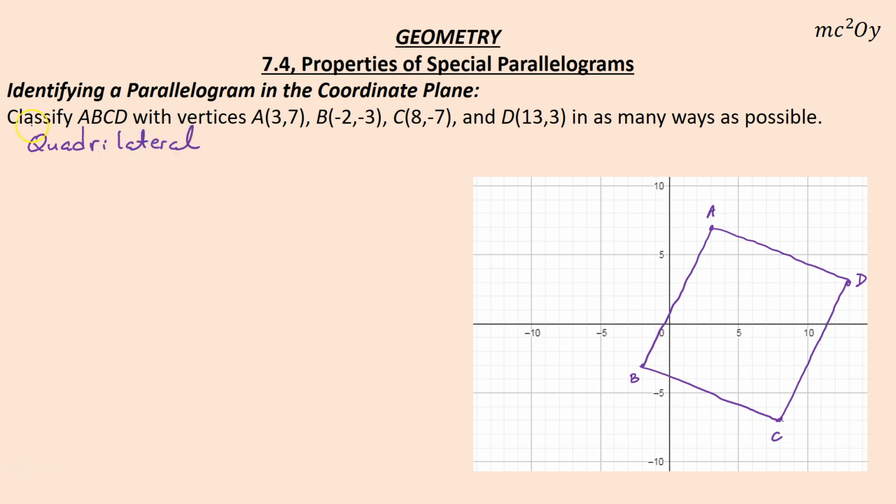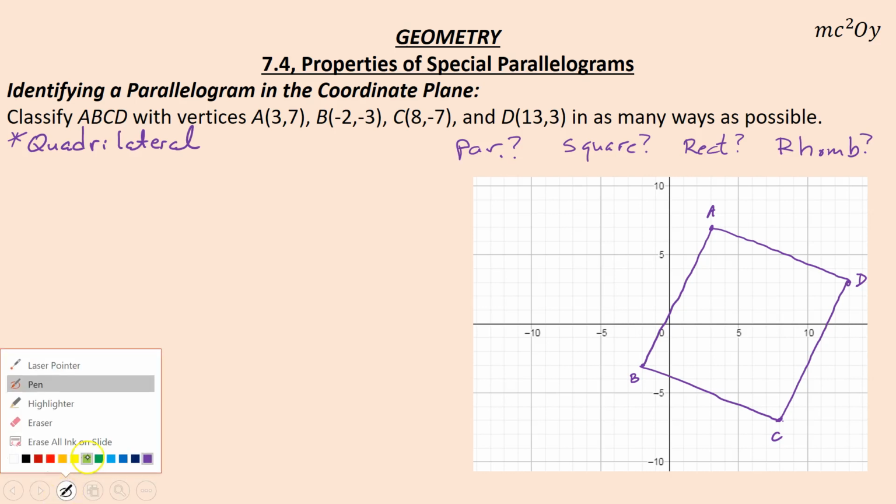All right, so we have one thing we can call it. Other ideas? Well, we've studied parallelograms, so maybe it's a parallelogram. It could be, looks like maybe a square. Maybe a rectangle. Maybe a rhombus. Okay, well, let's start with parallelogram.